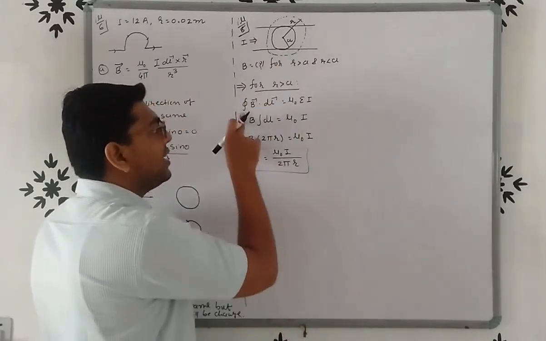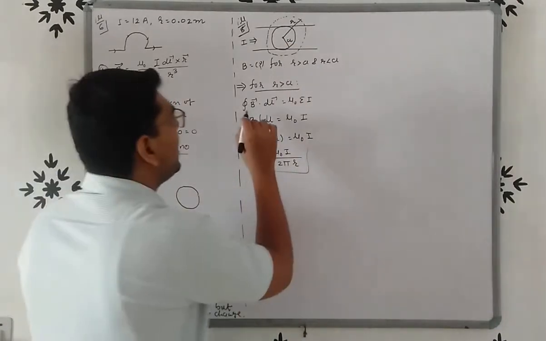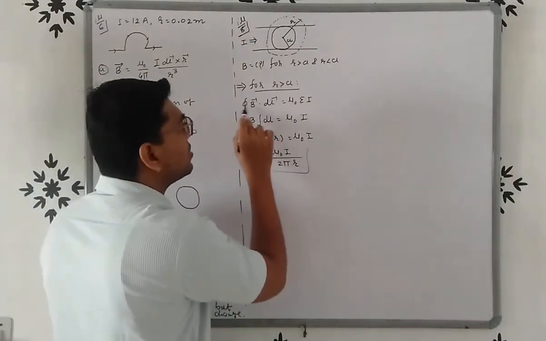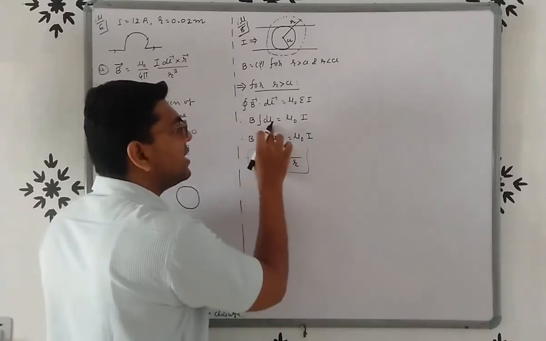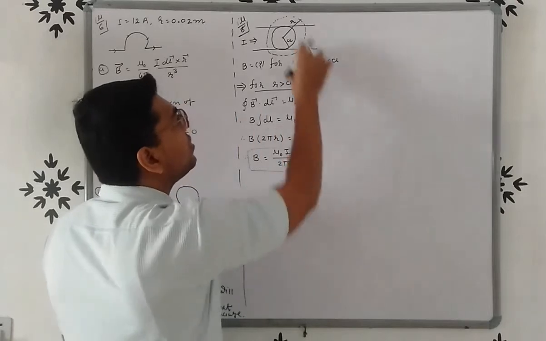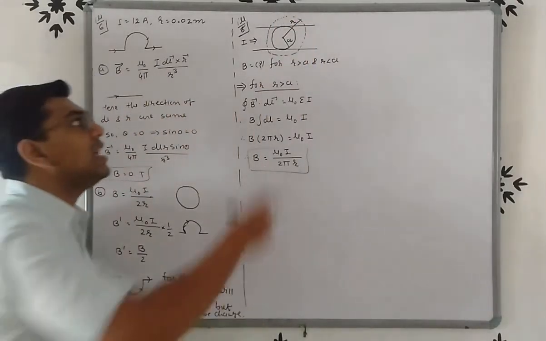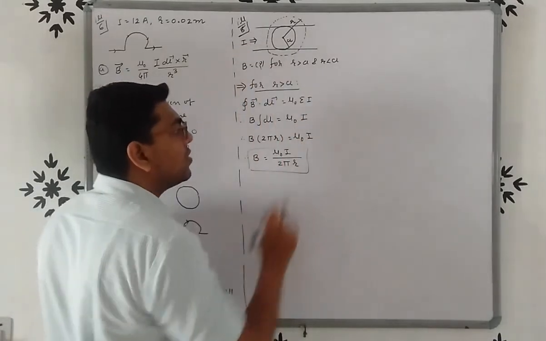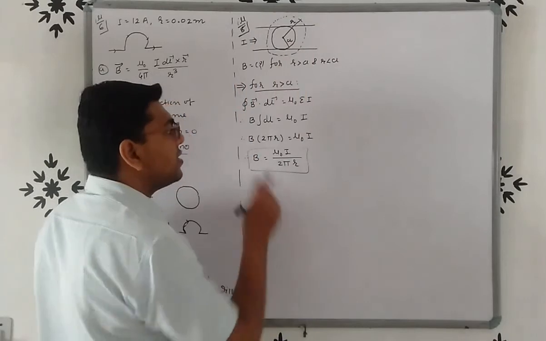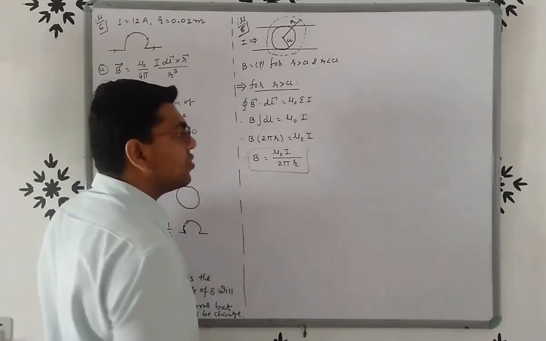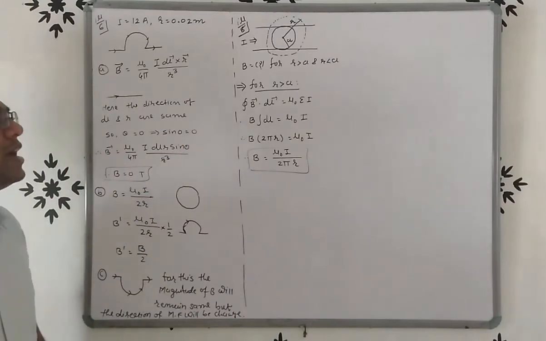To find out the magnetic field, we use Ampere's circuital law. Closed integral of B dot dl is equal to mu 0 sigma I. So B times the integration of dl is equal to mu 0, and the total current passing through the cross section of radius r will be I. So mu 0 I, and the total length is the circumference, 2 pi r. So B times 2 pi r is equal to mu 0 I. So B is equal to mu 0 I upon 2 pi r.